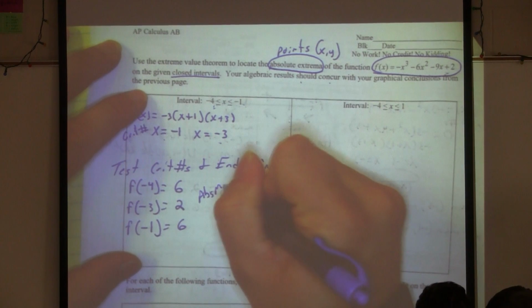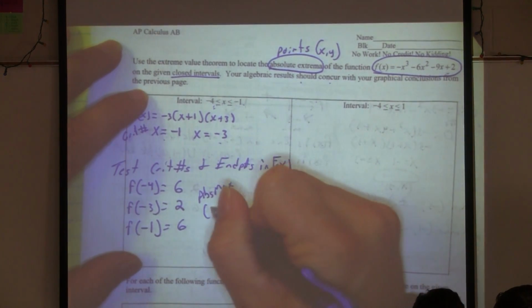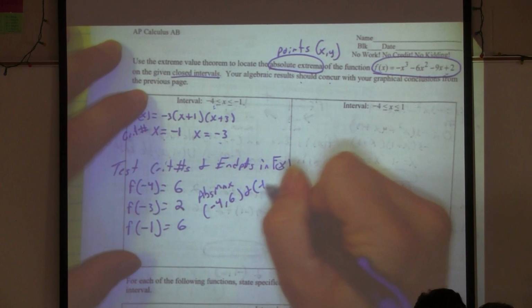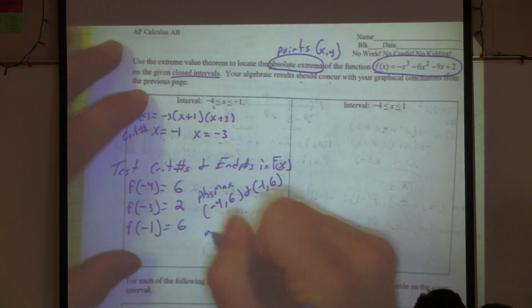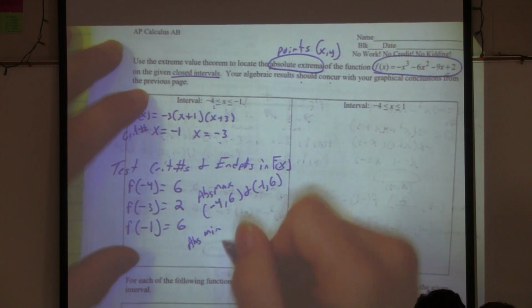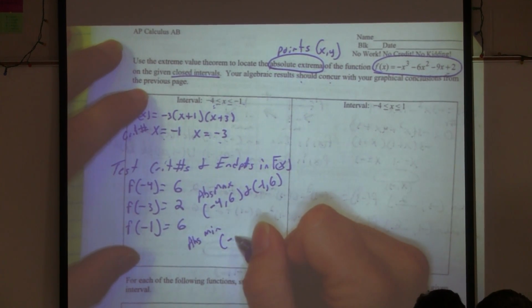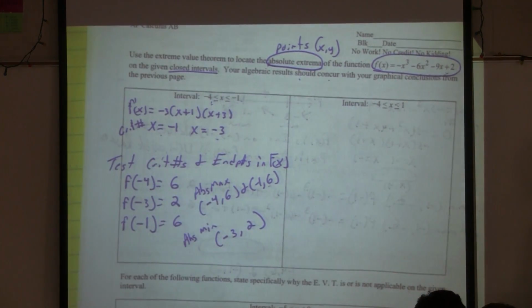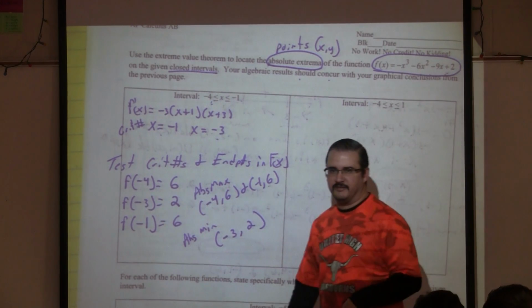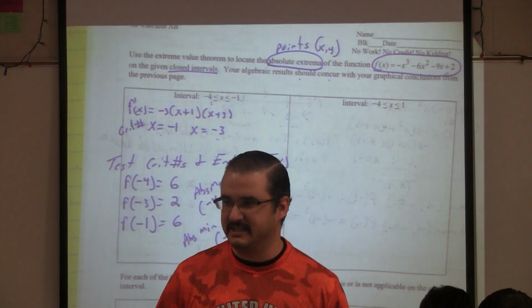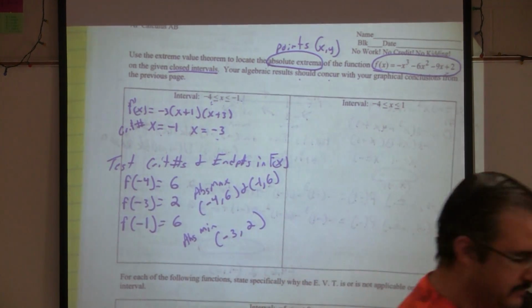We should have an absolute max at -4, 6, and -1, 6. And we should have an absolute min at what? -3, 2. So I guess if we would have done it like this, Pablo, we wouldn't have picked 1, -14, right? Because we would have made sure that we only tested in that particular interval.